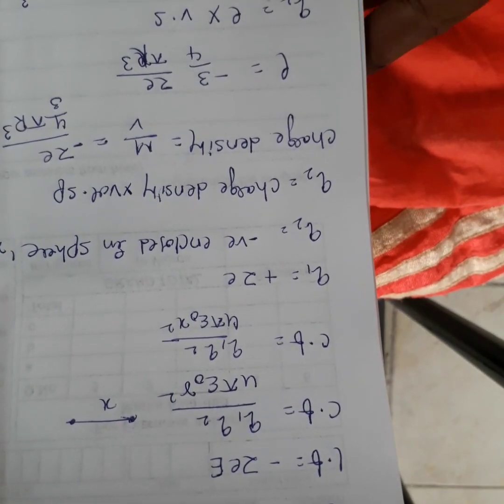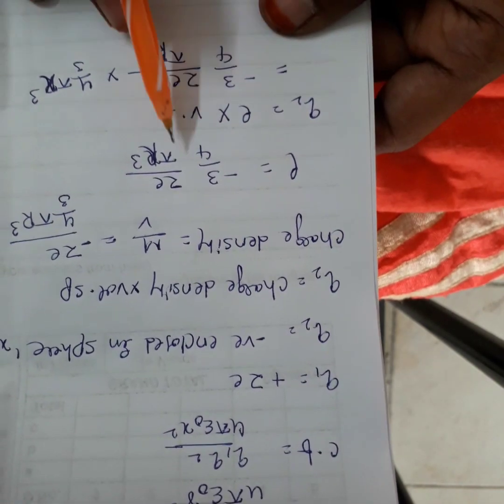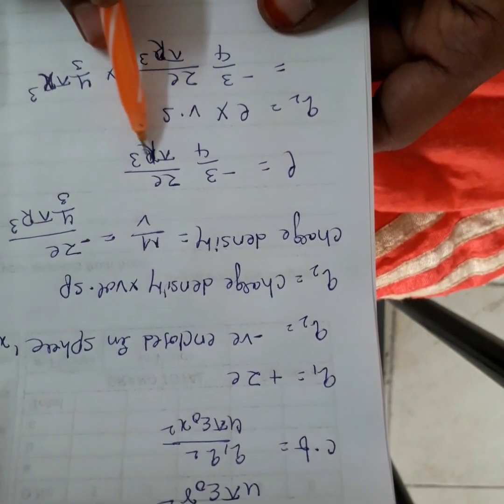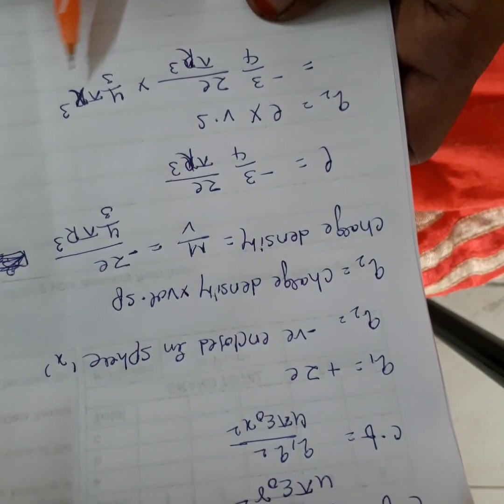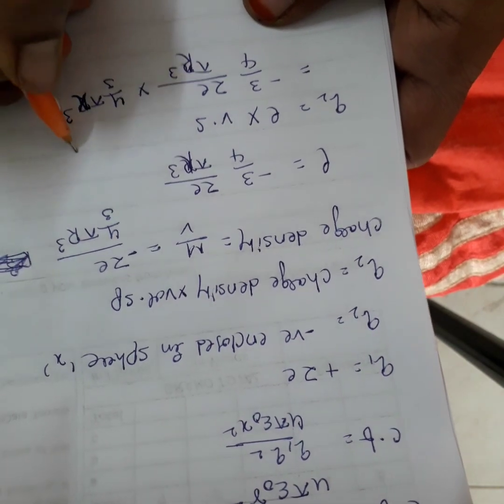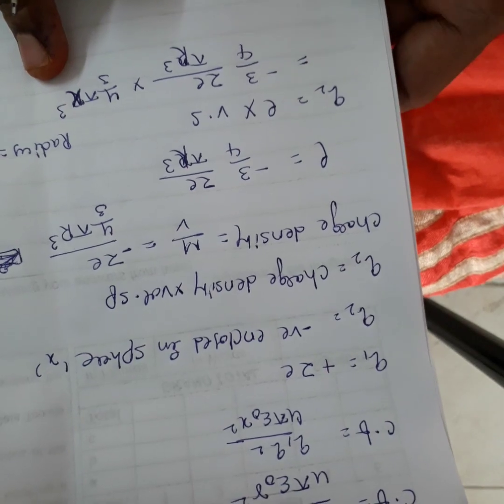Now what is Q2? Here charge density into volume of the sphere. Charge density will be minus 3 by 4 Ze by pi r cube, and volume of the sphere with radius x will be 4 by 3 pi x cube.